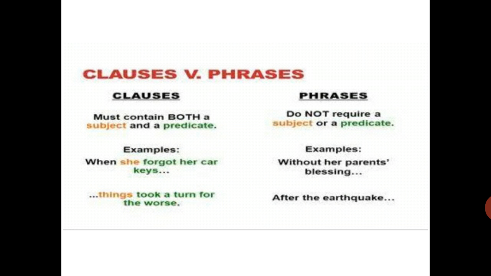Example here, when she forgot her car keys. So here we could see subject and predicate. Forgot her car keys, subject she. Here things took a turn for the worse. Look at the phrase examples, without her parents' blessing, after the earthquake. Not necessarily do we need subject and predicate in the phrases, but in clauses we need it.